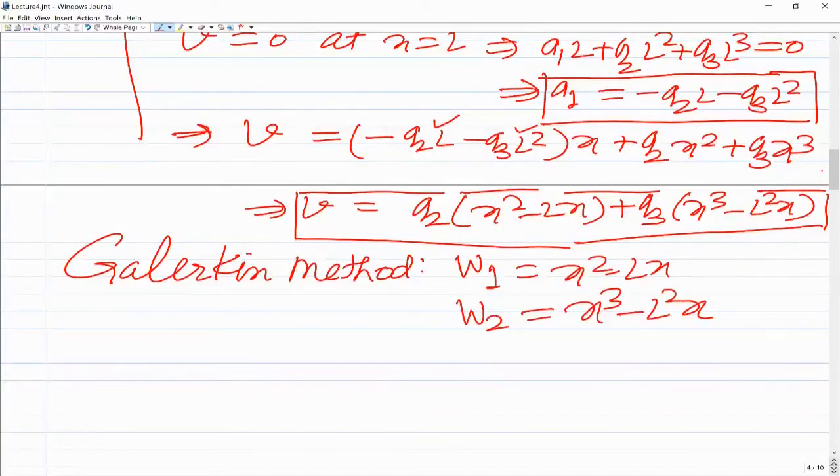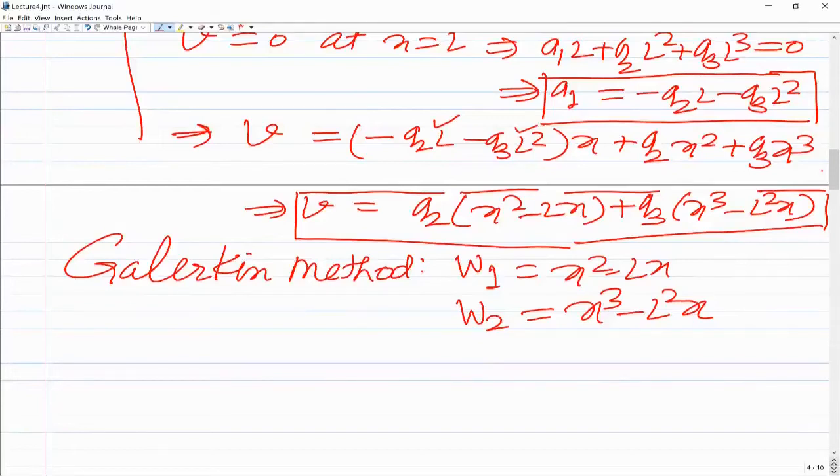The remaining part you should do as a homework problem. Set up the two equations in terms of a2 and a3, then solve those equations for a2 and a3 and see what you get.